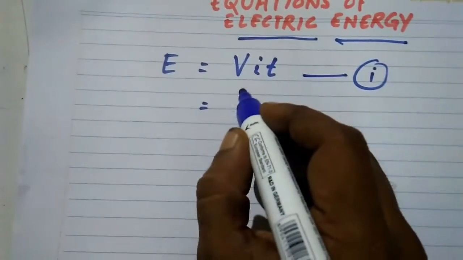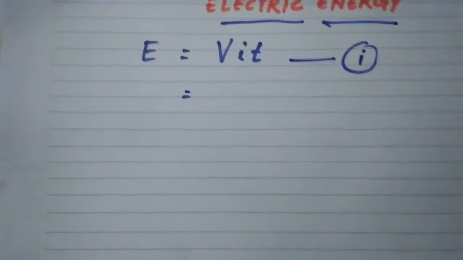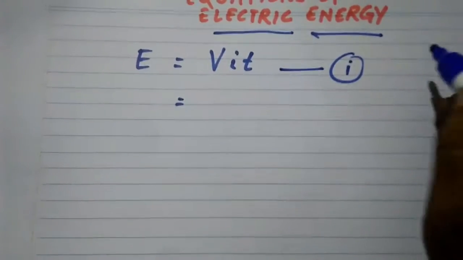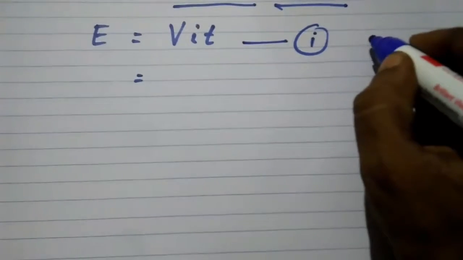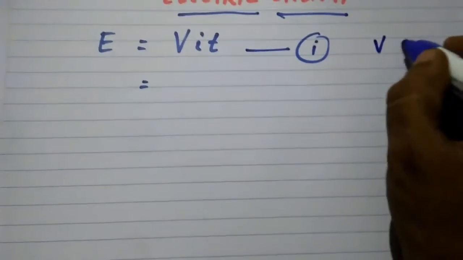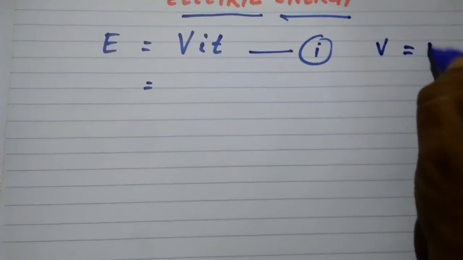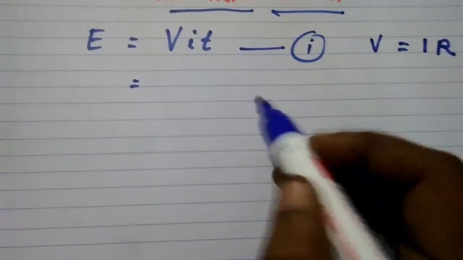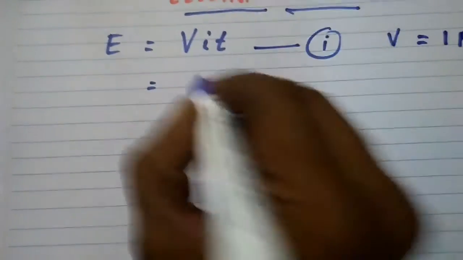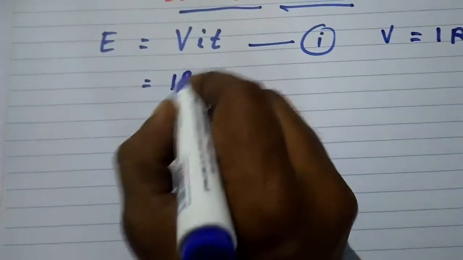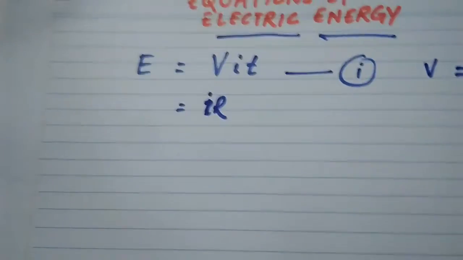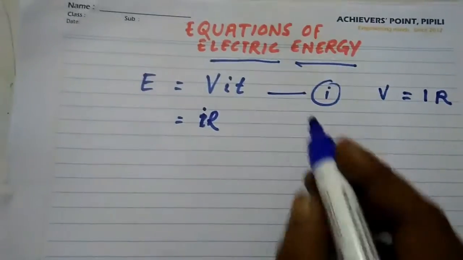In place of V we can take I into R, because Ohm's law states that potential difference is the product of current and resistance. Hence in place of V we can put IR.